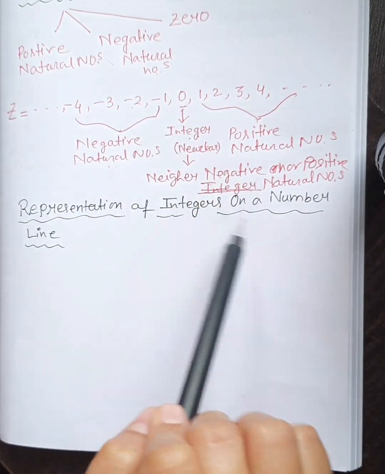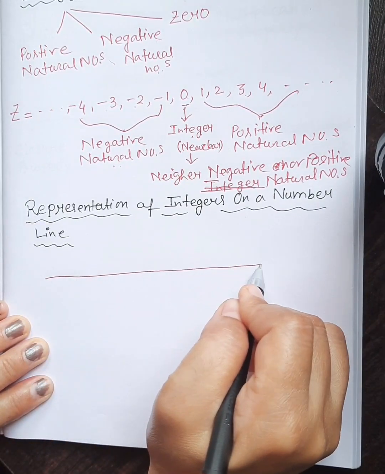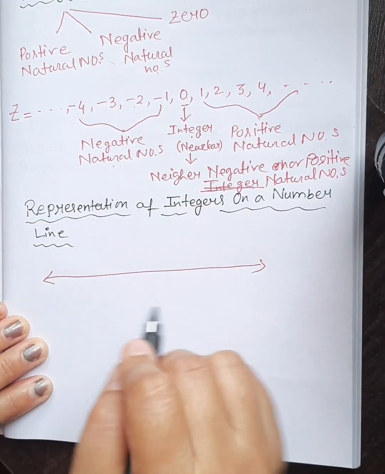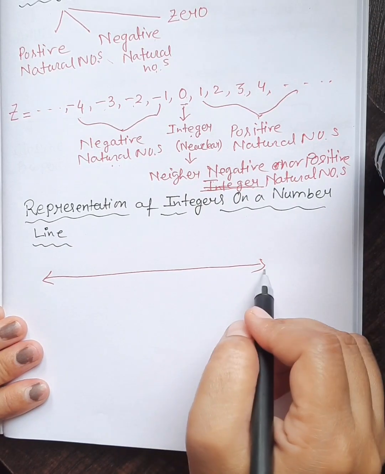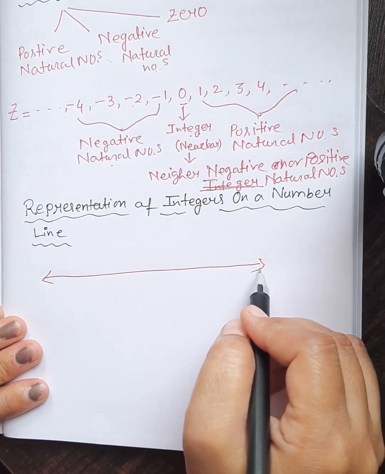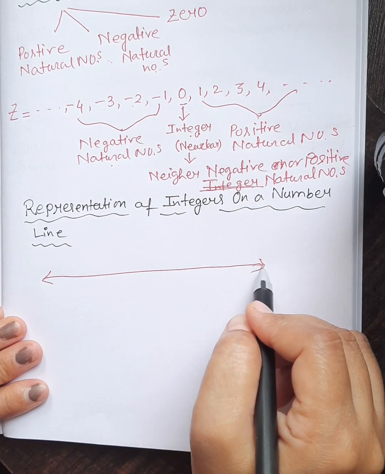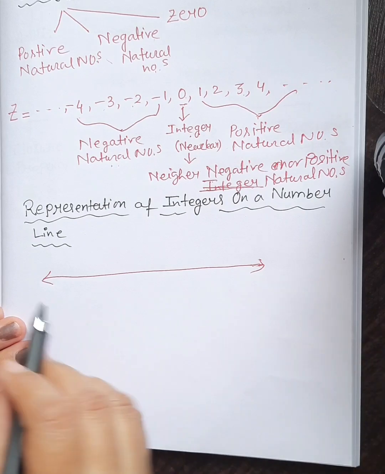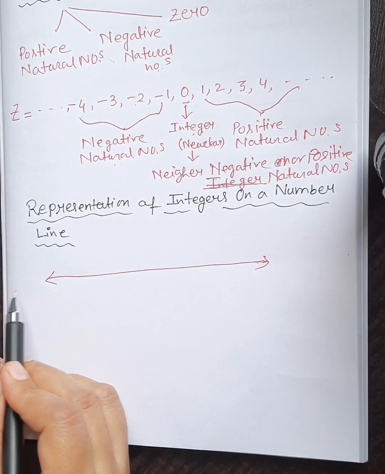That line is called a number line. So the number line is drawn like this. This arrow symbol means it is undefined, we cannot define a limit. We can extend this line in this way, and the same on the left-hand side also.